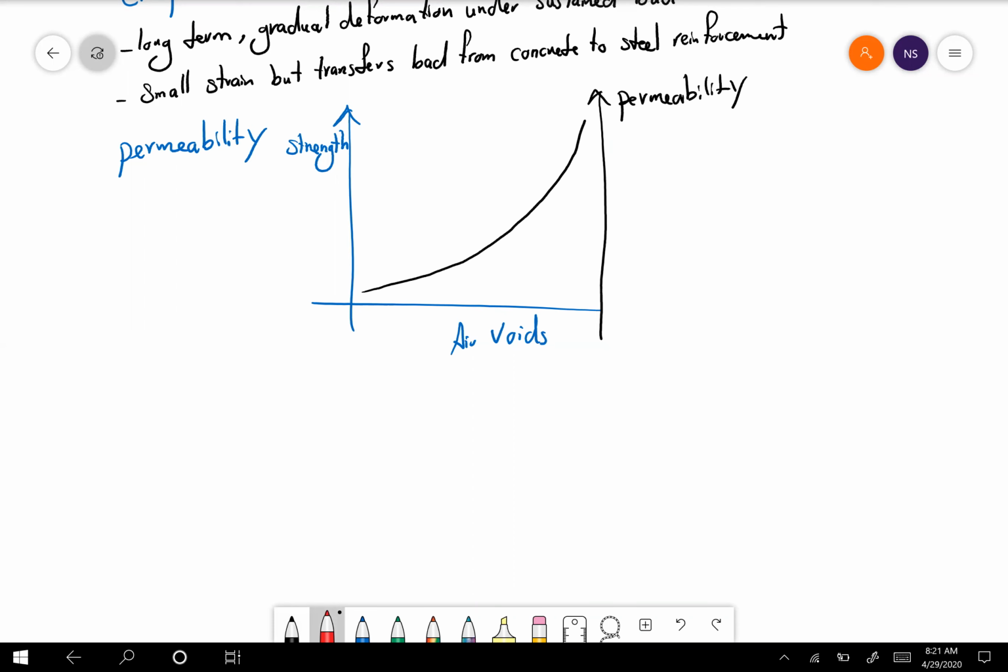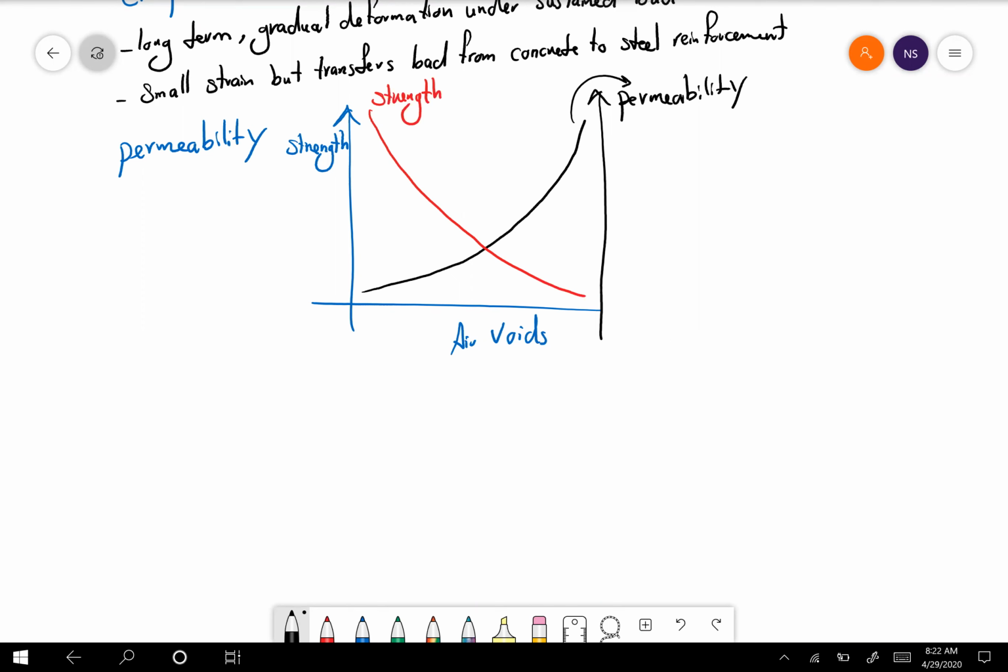But the problem with permeable pavements, or permeable concrete or pervious concrete, is that with higher air voids you will have lower strengths. So this is strengths, and this is permeability.